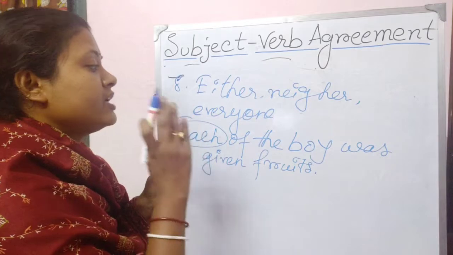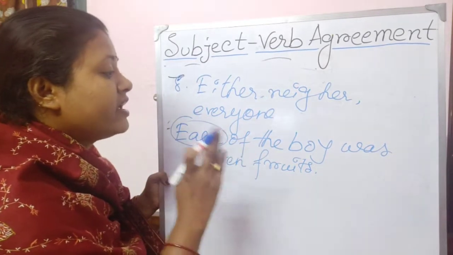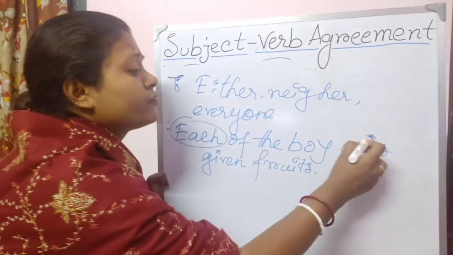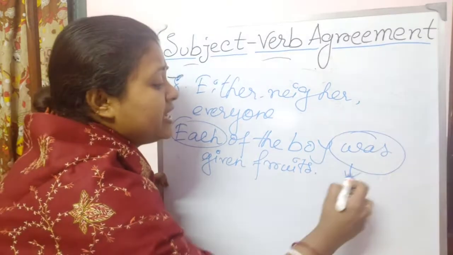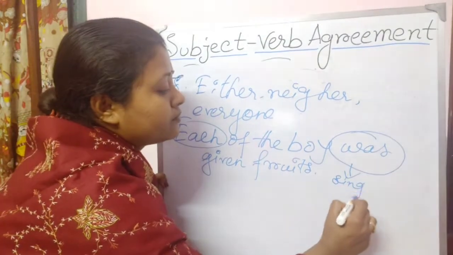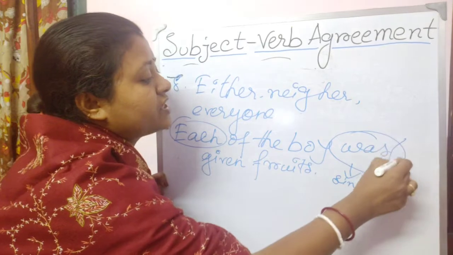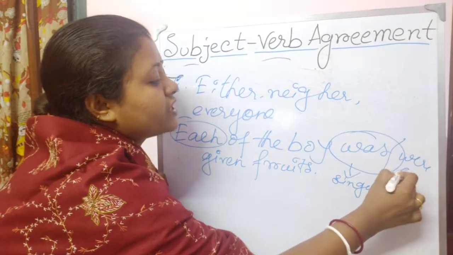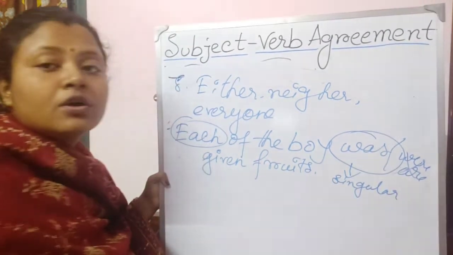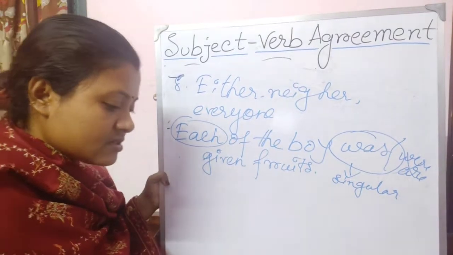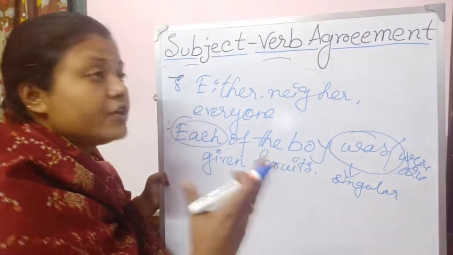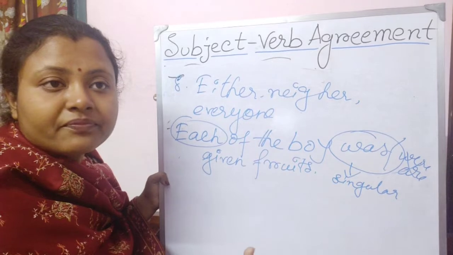Wherever every or each is there, you have to write the verb in singular form. You cannot write were or are over here. You have to write was or is. Everyone is to blame.